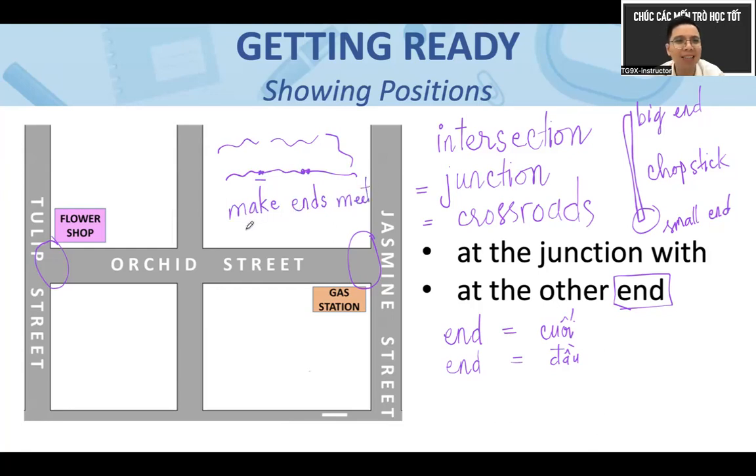What does it mean? Connect. This is an idiom, so it has a totally different meaning.